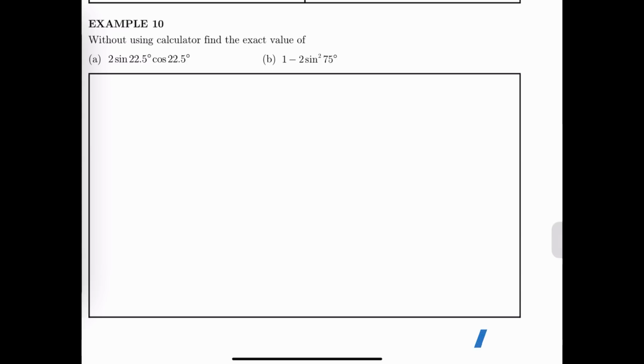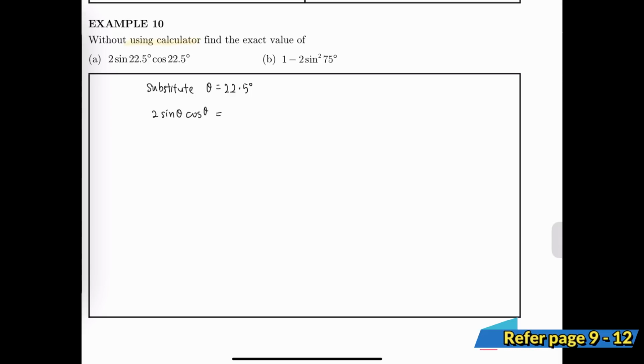Example 10. Without using a calculator, we have to find the exact value of 2 sine 22.5 cos 22.5. First, we're going to substitute 22.5 as our theta. So we have the double angle formula 2 sine theta cos theta equals sine 2 theta.